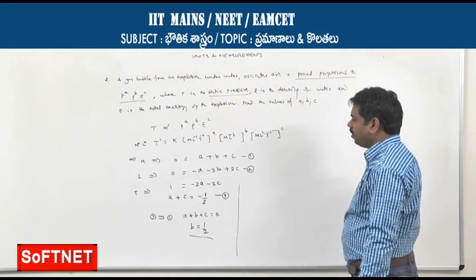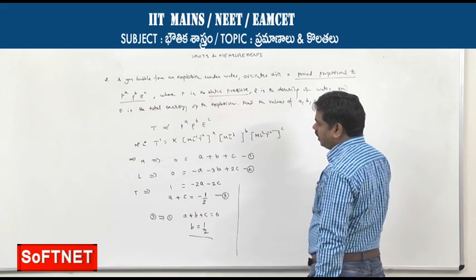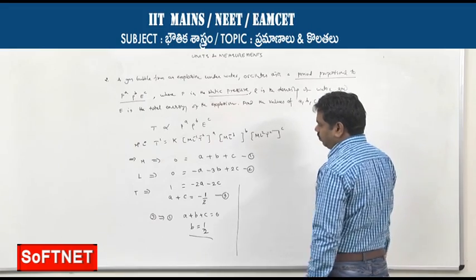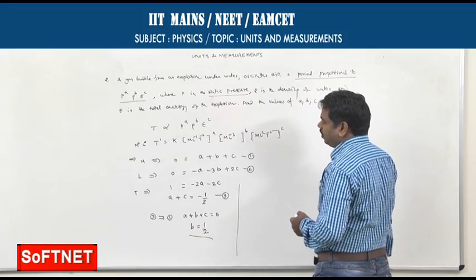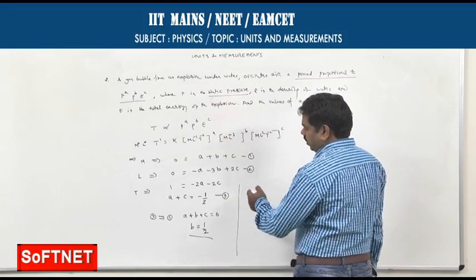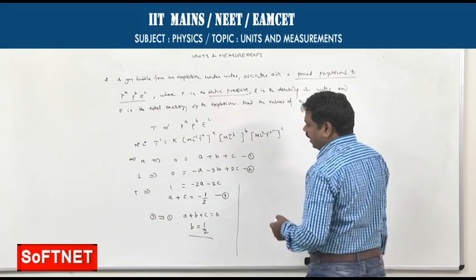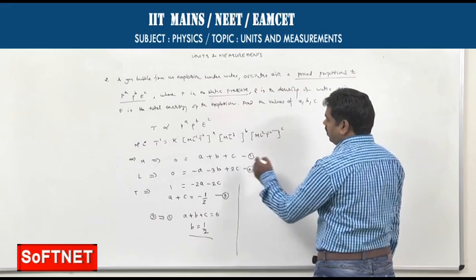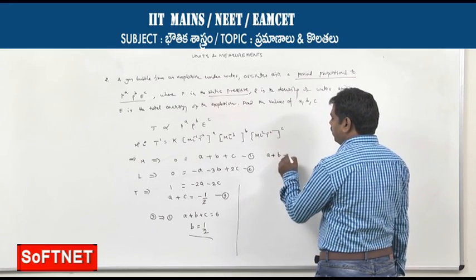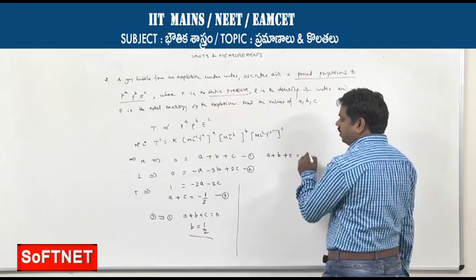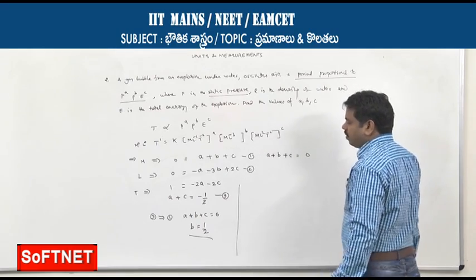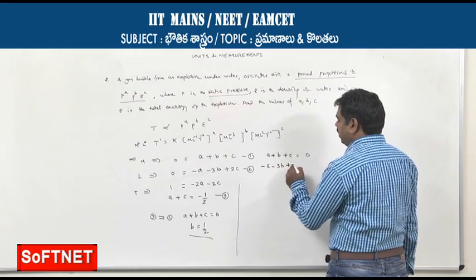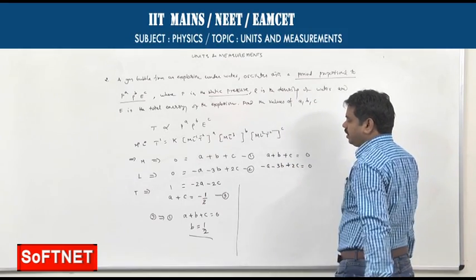And similarly we have to get the values of a and c. How to get the values of a and c? Now from the first equation we have to get the value of a and b. From the first equation we can write a plus b plus c is equal to 0, and from the second equation we get minus a minus 3b plus 2c is equal to 0.